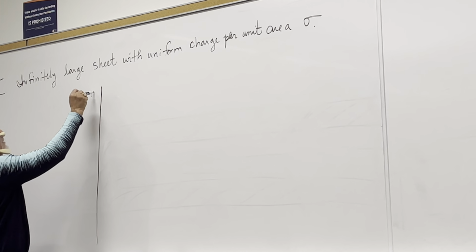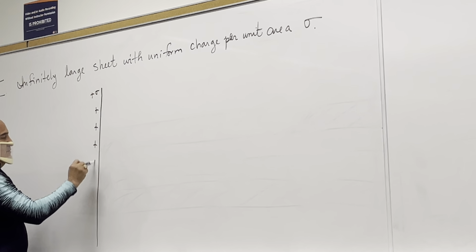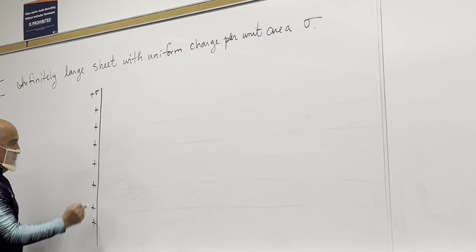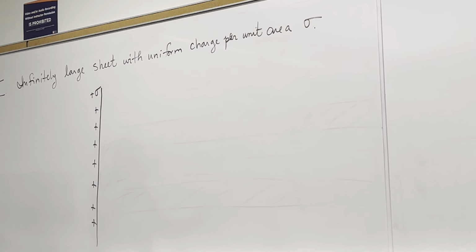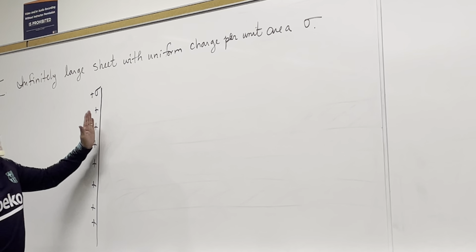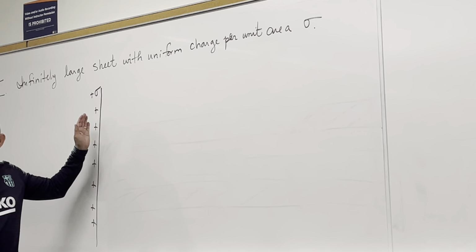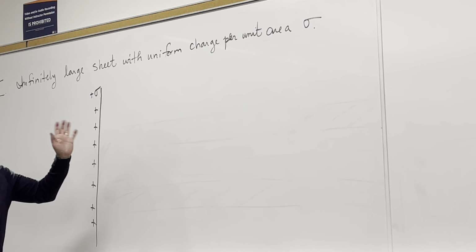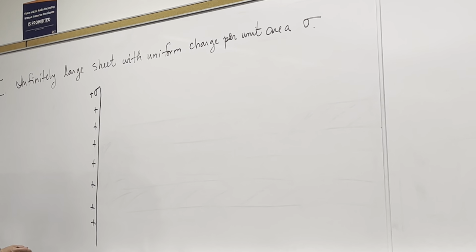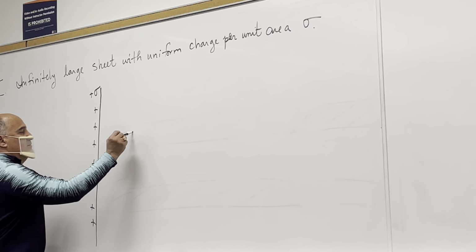Let's say this is plus sigma. All right, and it's large, I mean, it's large into and out of the board, up and down. There's no way to get from one side to the other side without crossing the sheet. And I want to know what it is that you feel right here.